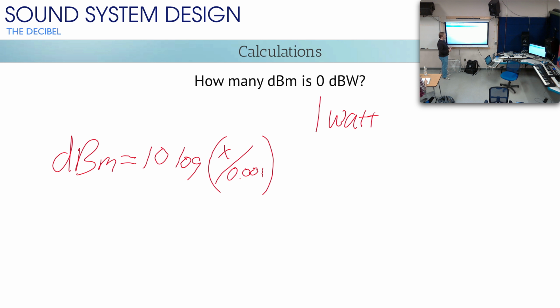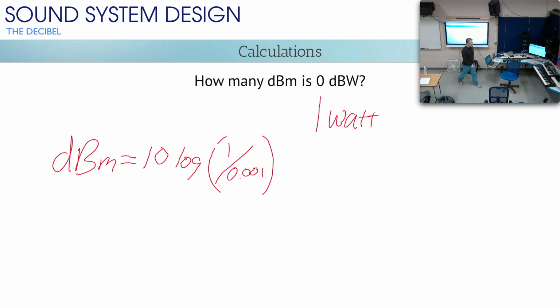So in this case, for x, I'm just going to plug in a 1, my 1 watt. If I want to know how many dBm is 1 watt, I do 10 times the log of 1 watt divided by 0.001, because 0.001 watts is the reference level for dBm, right? Because 0 dBm is 0.001 watts.